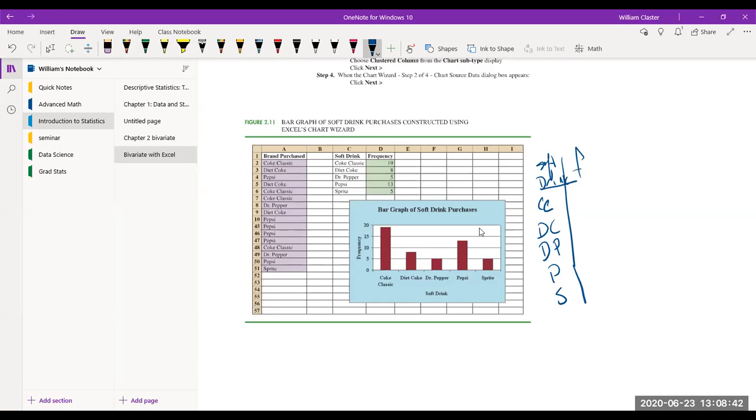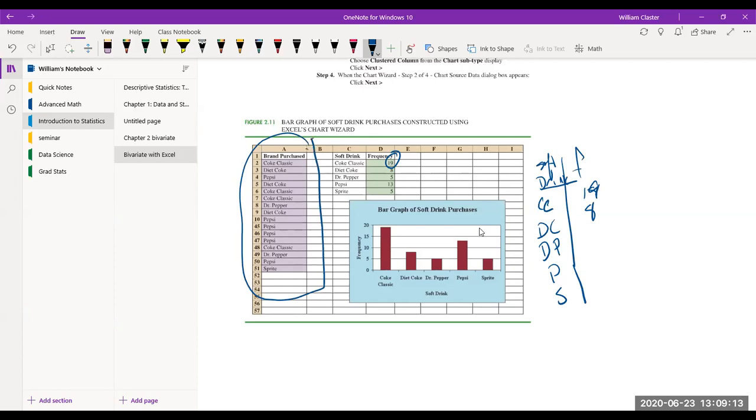So apparently there were almost 20 cases of Coke Classic and maybe 8 cases of Diet Coke and so on, right? Here it is, 19, and then 8, and so on. But there's only one variable here. Actually, here's the original data.